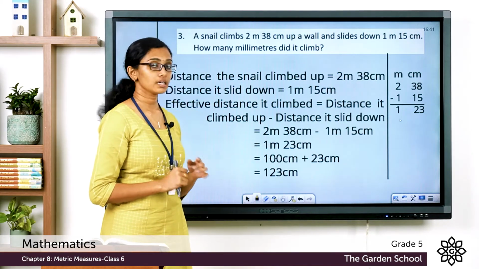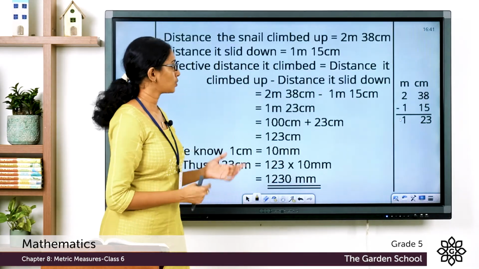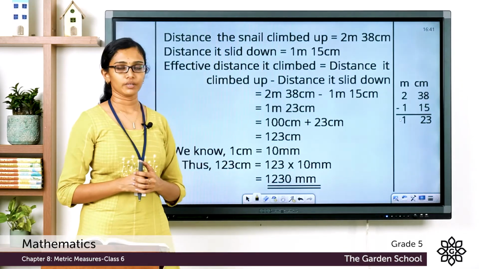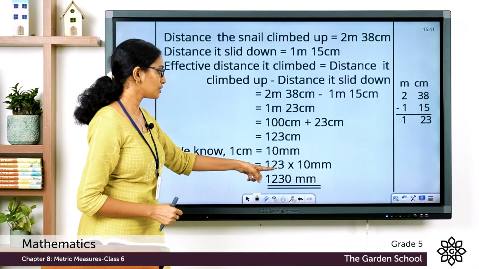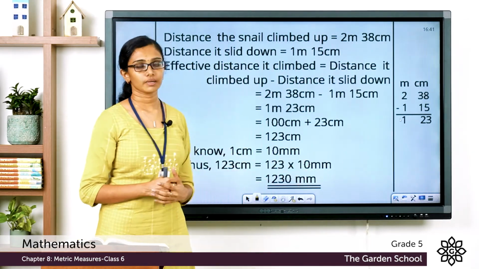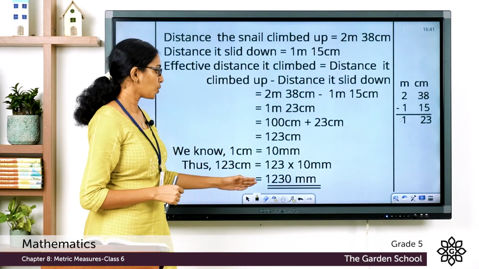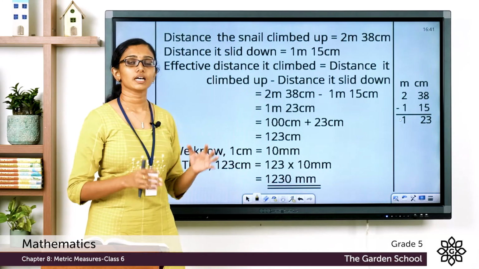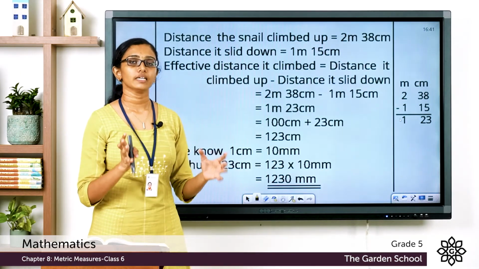So this is in centimeters, and we know 1 centimeter is equal to 10 millimeters. So 123 centimeters will be equal to 123 into 10 millimeters, which is equal to 1230 millimeters. So this is the distance the snail climbed in effect.